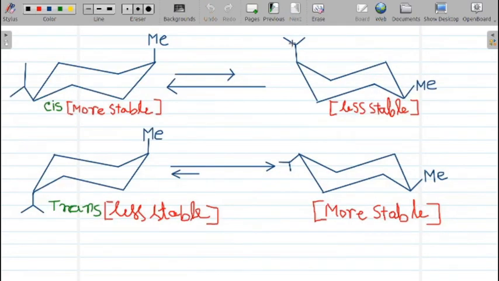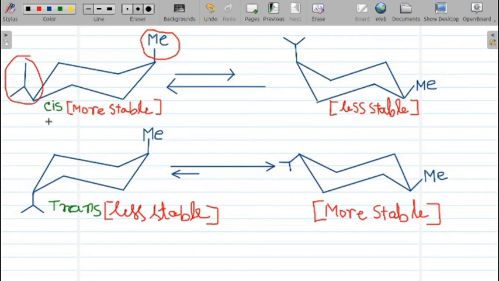Next we will consider an example of a 1,4-disubstituted cyclohexane. Here we will consider that the two substituents are different. Here you can see that one is a methyl group and the other substituent is a 2 degree, or secondary, carbon.